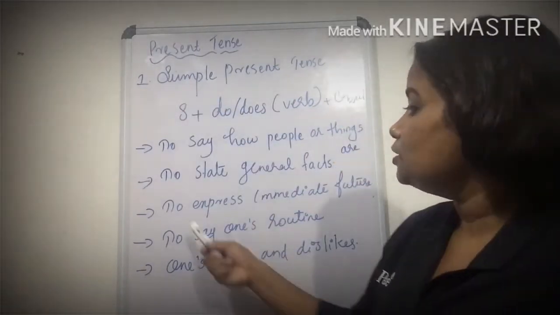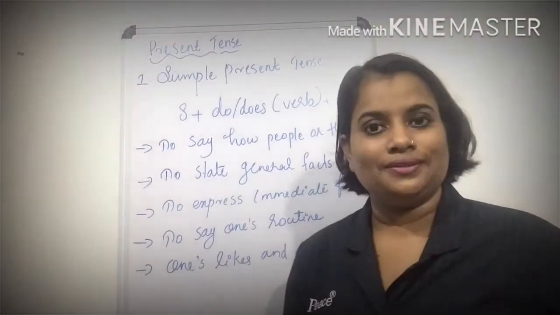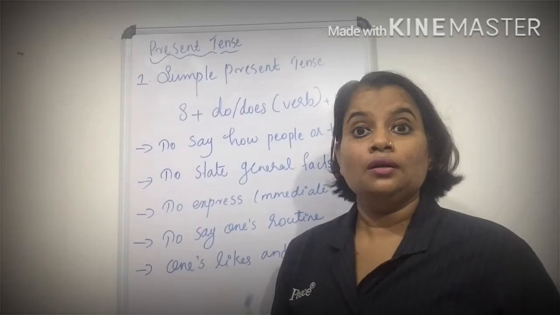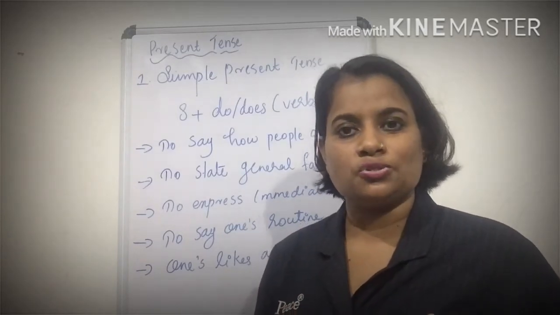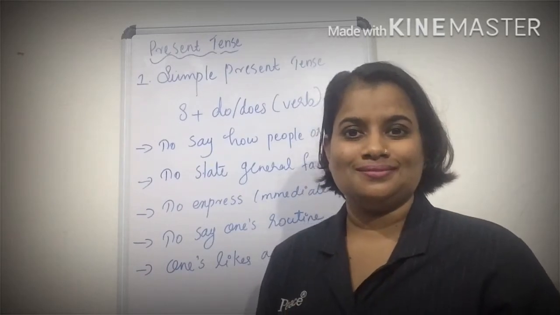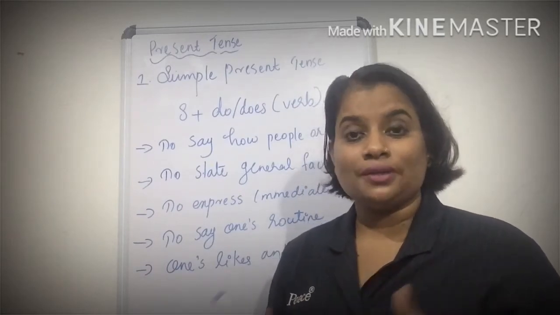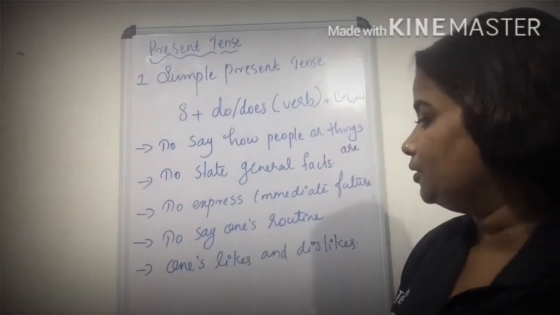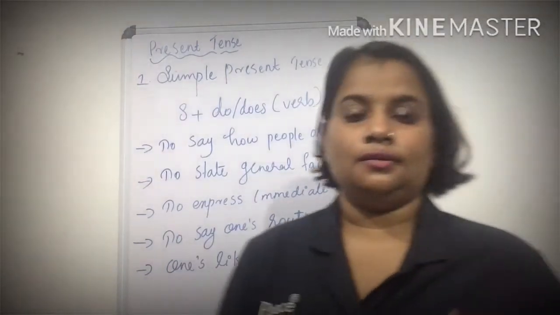Okay, next one is to express immediate future. Definitely you can see it in school times. School remains closed. School reopens. Okay, to express immediate future. To say one's routine.